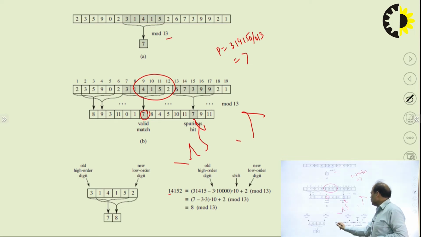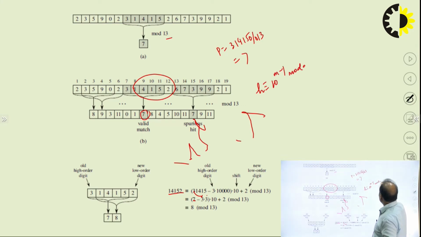So how do we get this equivalency? 31415, its value is 7 already, and this 3 is the leading digit, and if you remember, h was congruent to 10 to the power m minus 1 modulo q. So this is going to be that h. Here the pattern length is 5, so 10 to the power 4 modulo 13 will give you 3, right?